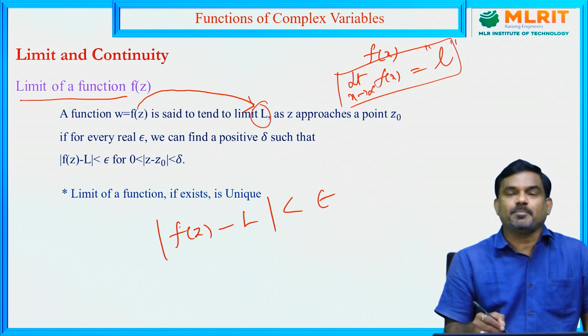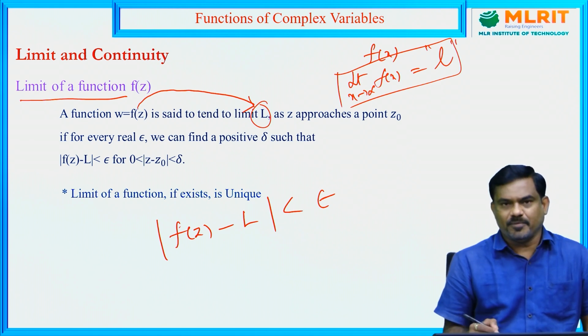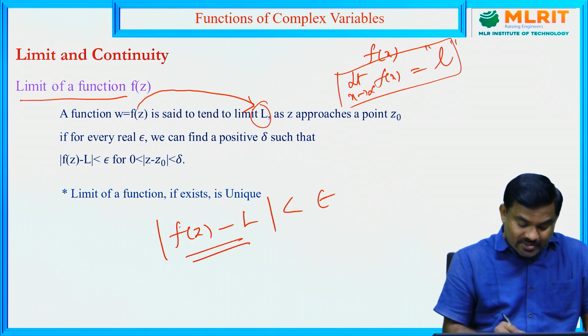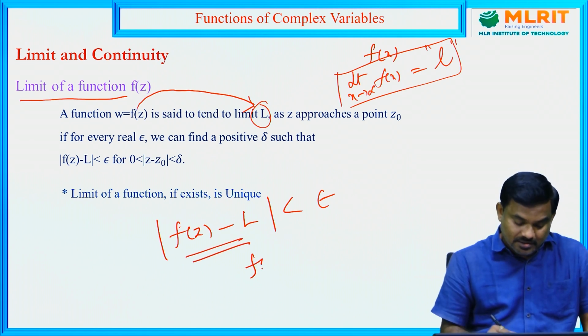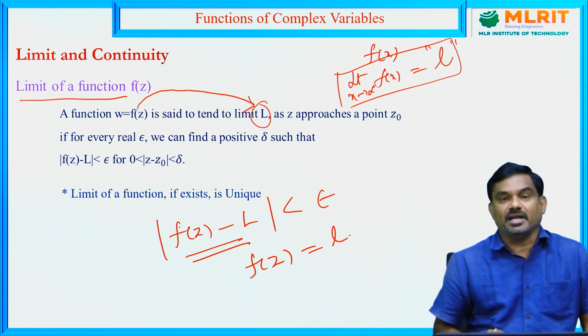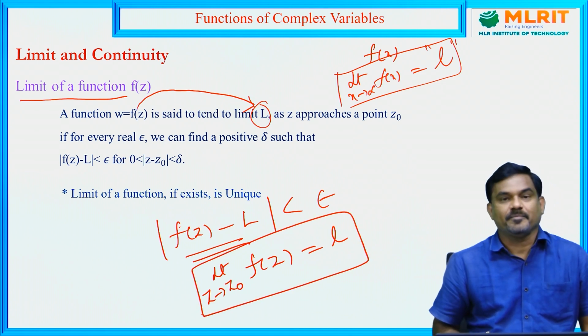Epsilon itself is a very small positive number, and the difference between these two is less than that smallest number. What does it mean? f of z is approaching L. So that is denoted by limit as z tends to z0 of f of z is equal to L.